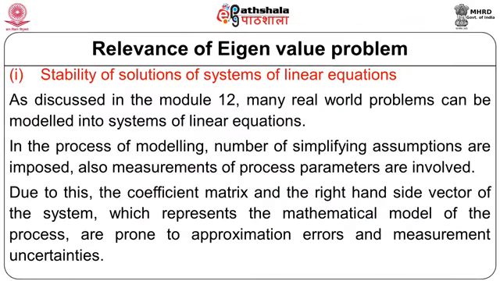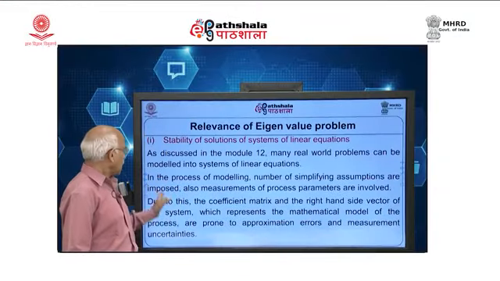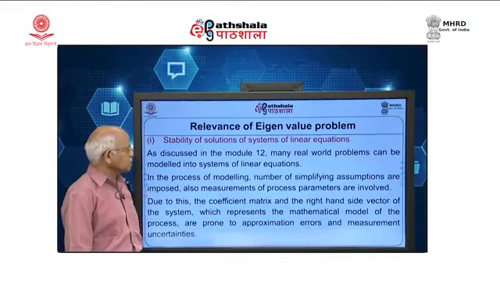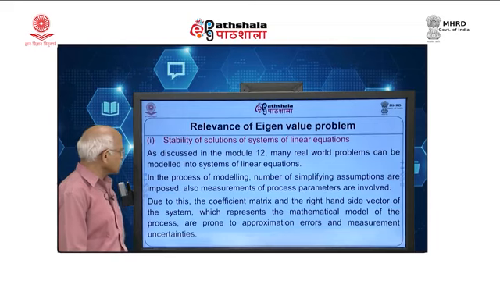Now, we are talking about the relevance of the eigenvalue and eigenvector problem in real world situations. So, we are giving here two illustrations. One illustration is regarding stability of solutions of systems of linear equations. As discussed in module 12, many real world problems can be modeled into systems of linear equations. In the process of modeling, a number of simplifying assumptions are imposed.